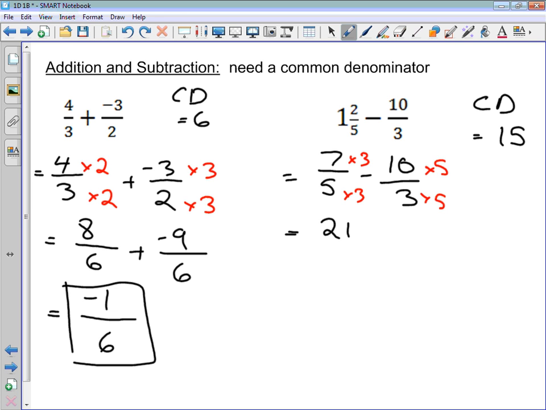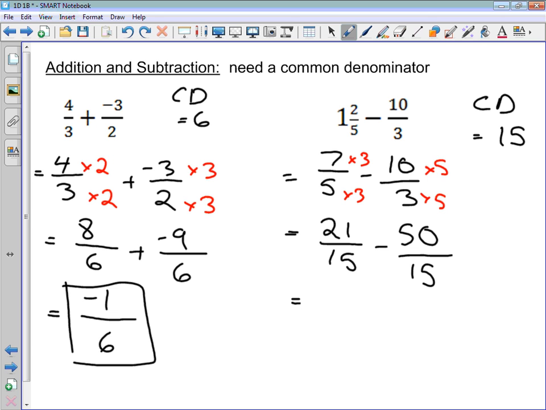So we'll get 21 over 15 minus 50 over 15. Okay, 21. We know that our denominator here is going to be 15. How do we get our numerator?